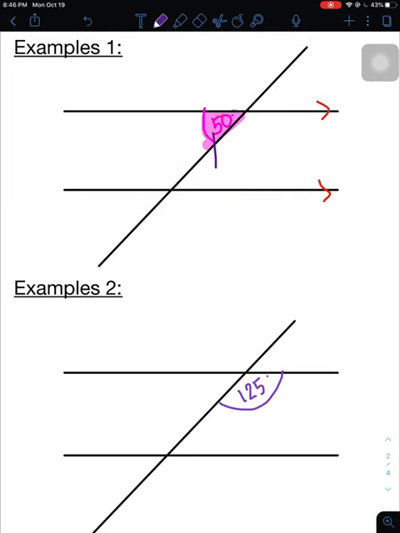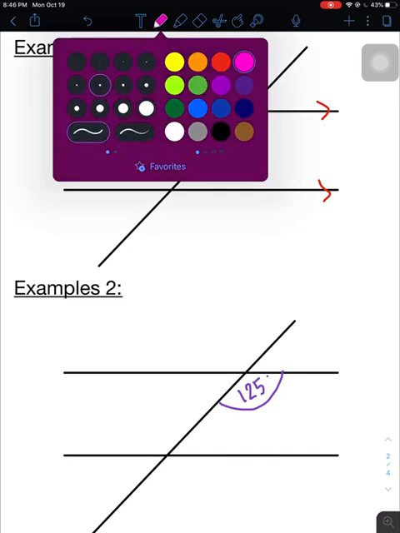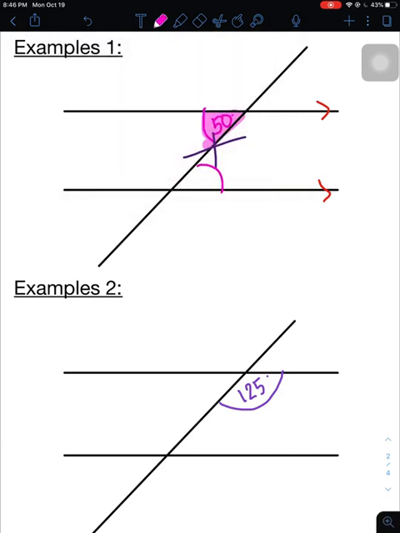Now, if I was to draw an X, I would match this corner with this corner. That means those are my alternate interior angles. And since these two lines are parallel, they have to be congruent.